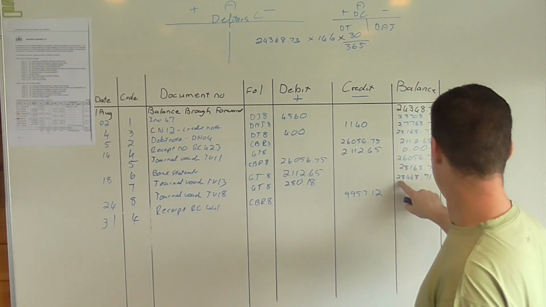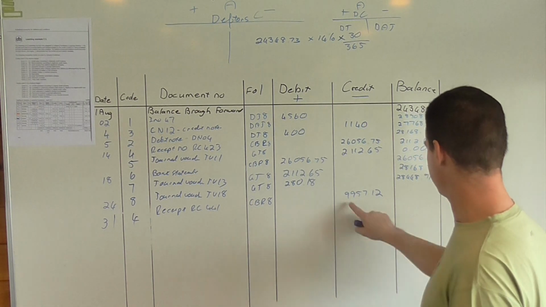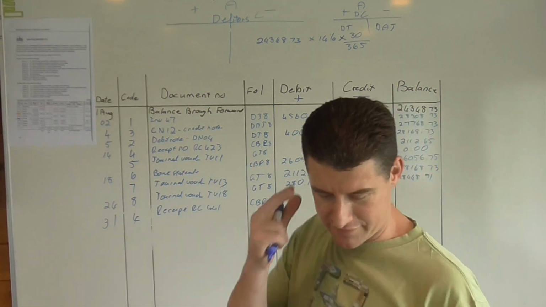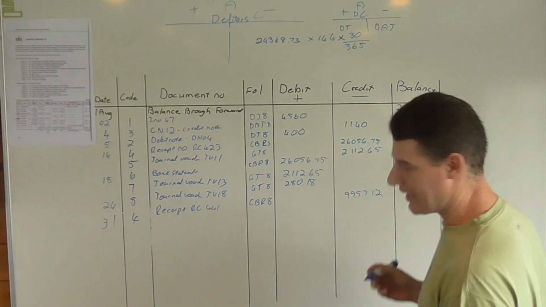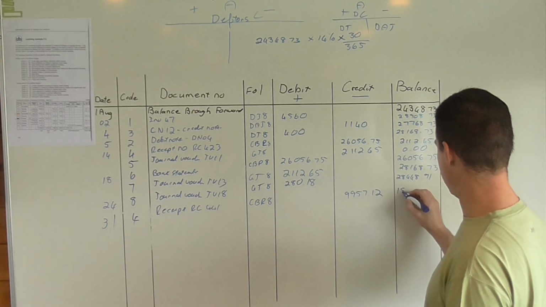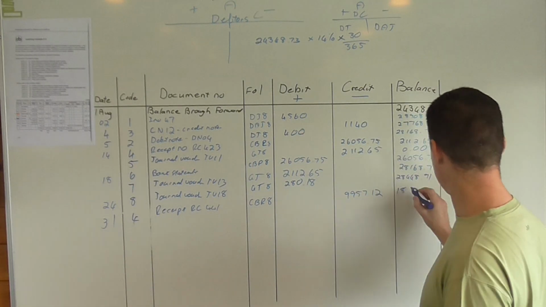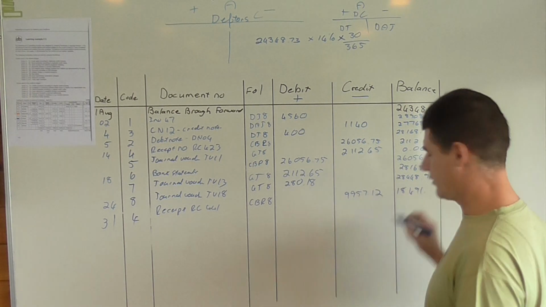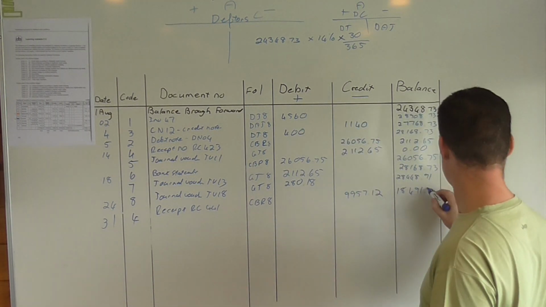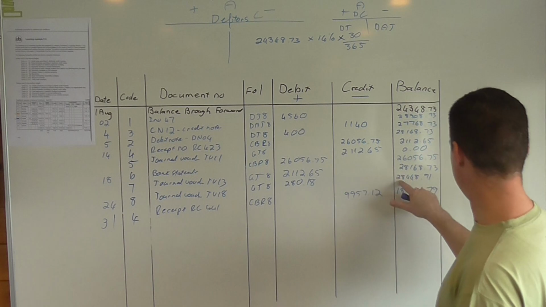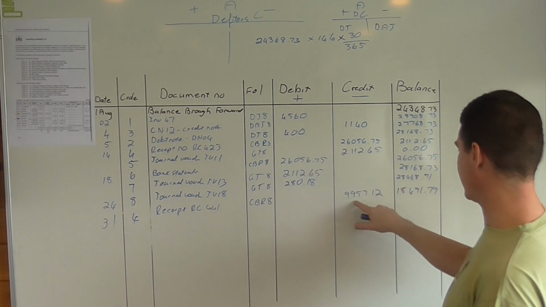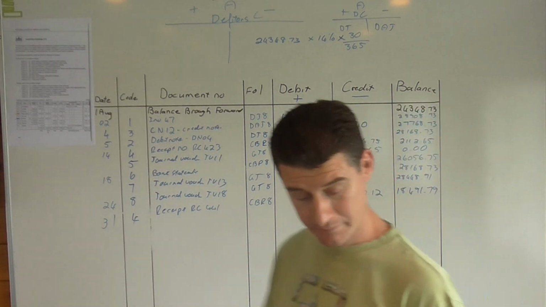So in other words, 28448.91, we got 9957.12, so that leaves us with 18491.79.